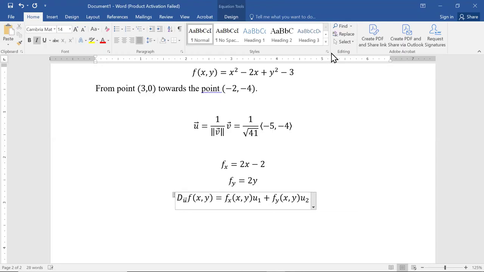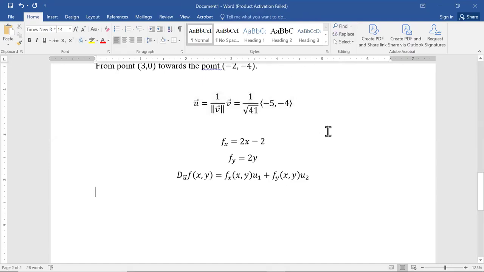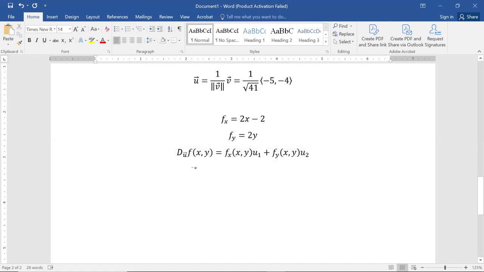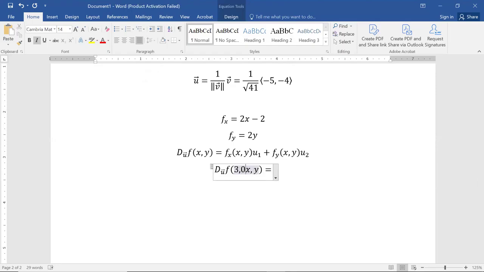Again, u1 is the first coordinate of my unit vector. u2 is the second coordinate of my unit vector. We wanted to be at the point (3, 0), so we're going to plug (3, 0) into my directional derivative.